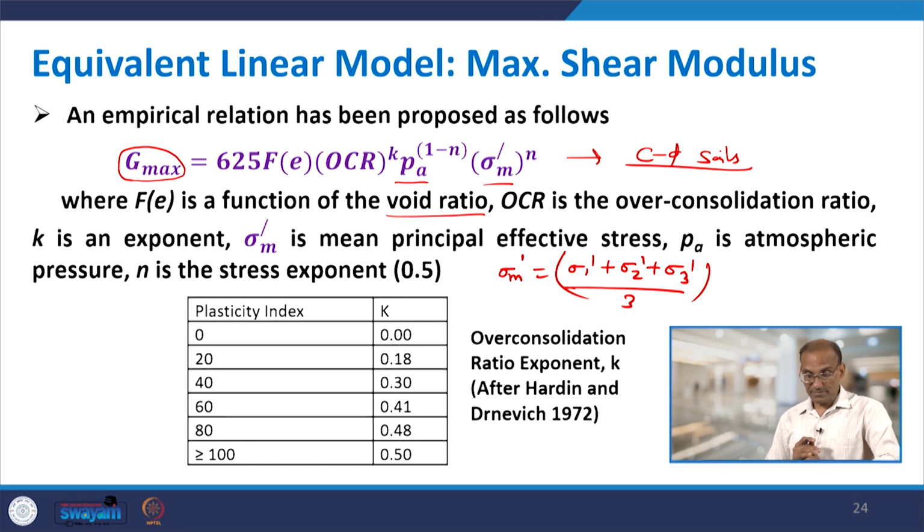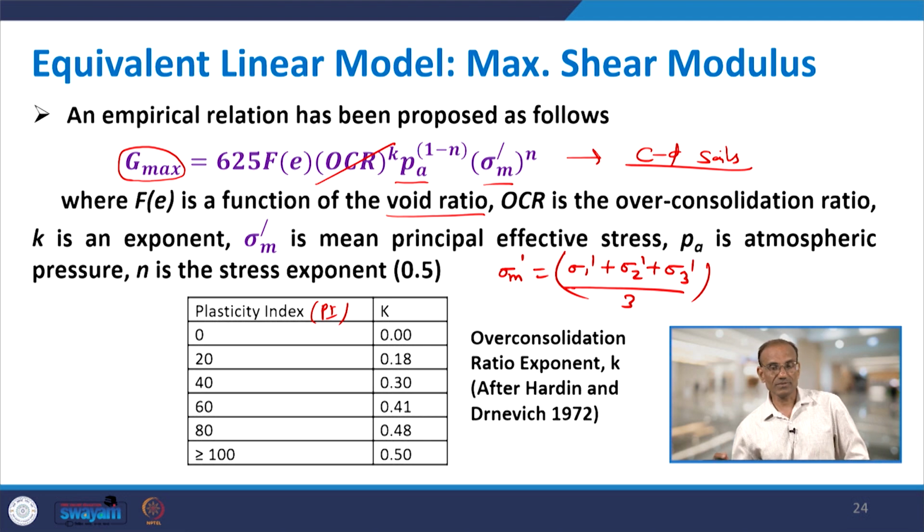K is an exponent, and it depends on the plasticity index, PI, given in the table by Hardin and Drnevich. In this table, when PI equals 0, that means for sand, the value of K is 0. If I put K equal to 0, this factor becomes 1, so it can be taken out of the formula for sand.